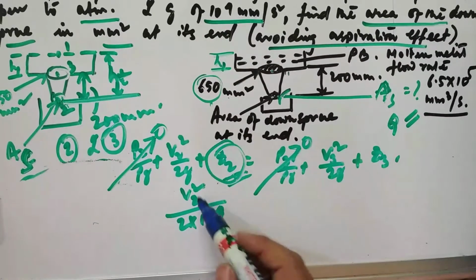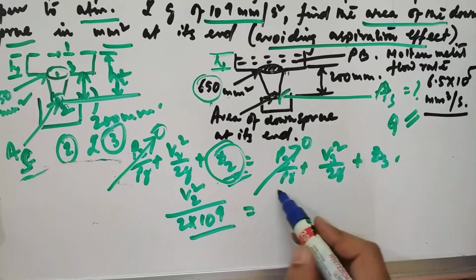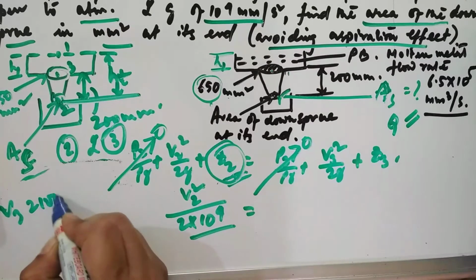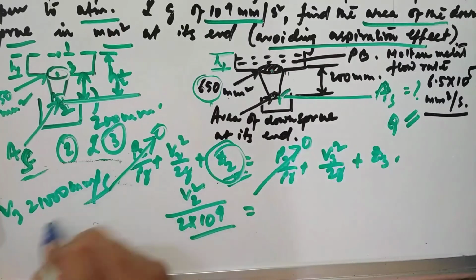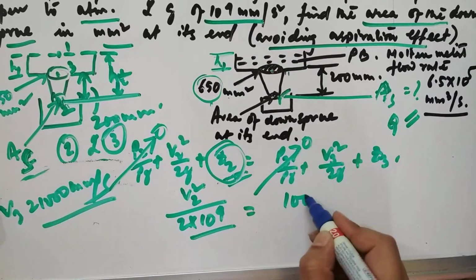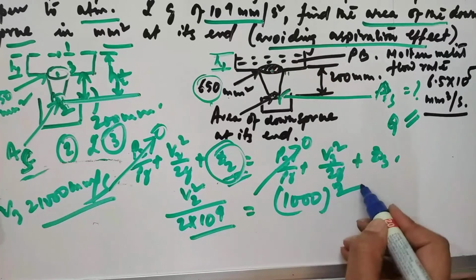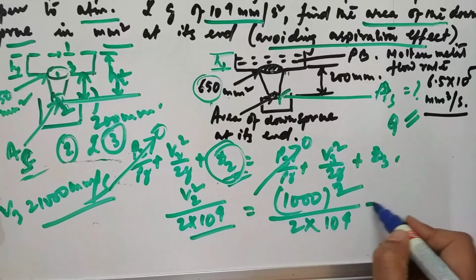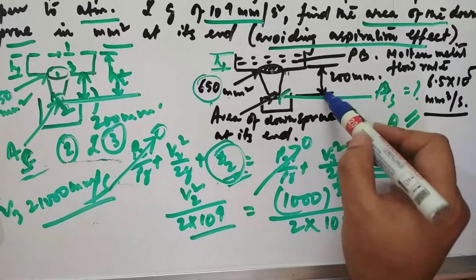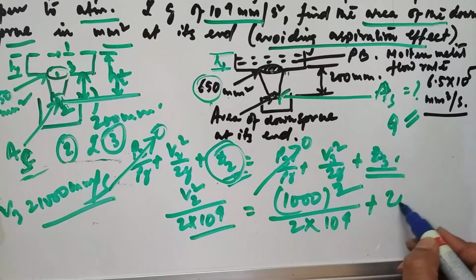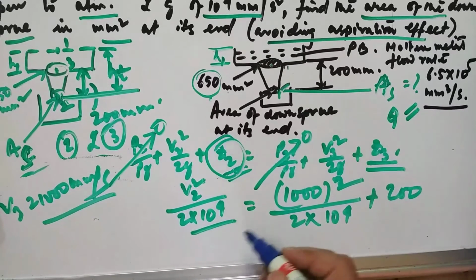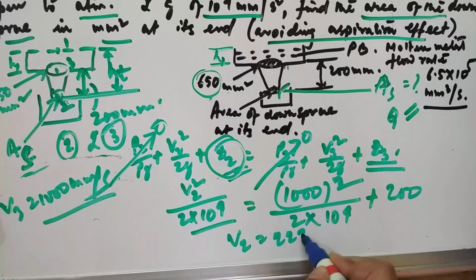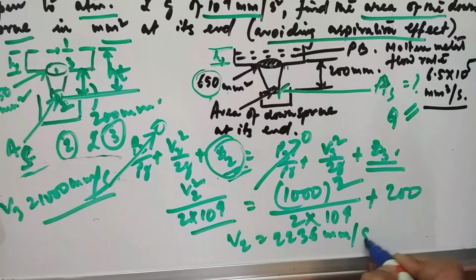So V2 square by 2 into 10 to the power 4 equals V3 square by 2g plus Z3. V3 is 1000 millimeter per second, so V3 square is 1000 square by 2 into 10 to the power 4, plus Z3. Z3 is the height of the down sprue, so I can write 200. Now if you solve this, you will get V2 equal to 2236 millimeter per second.